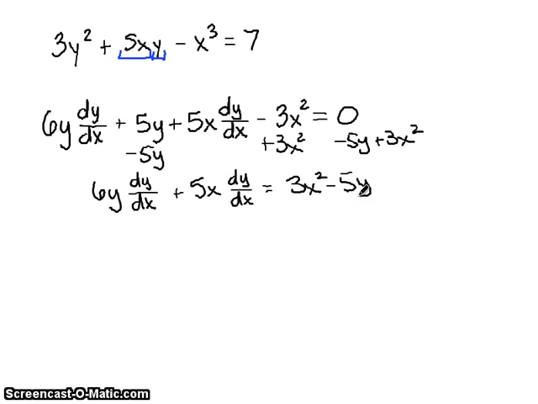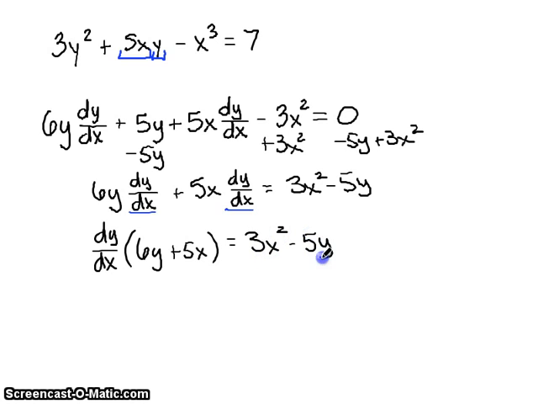Now the last thing that we need to do is factor out that dy dx, right? We have a dy dx in each term, and we're trying to get that by itself, so we're going to factor out a dy dx. So we have dy dx times 6y plus 5x equals 3x squared minus 5y.